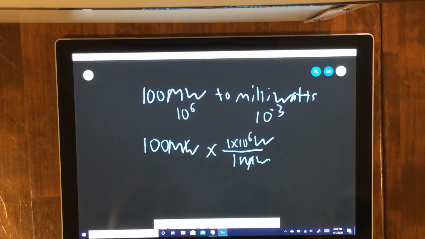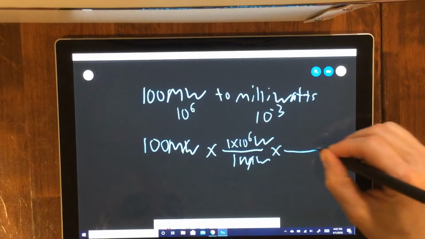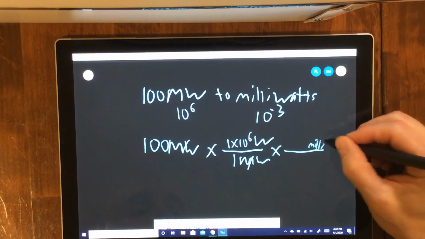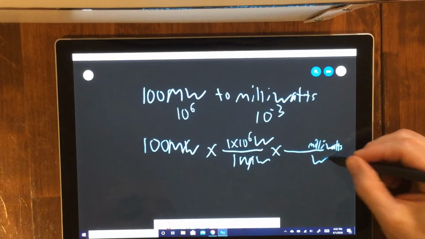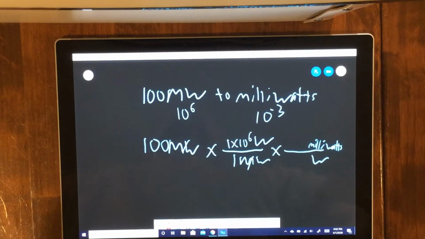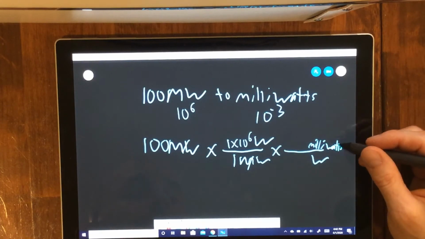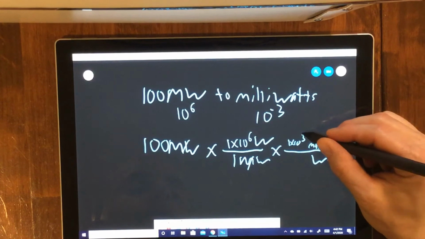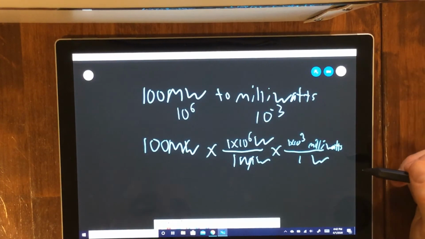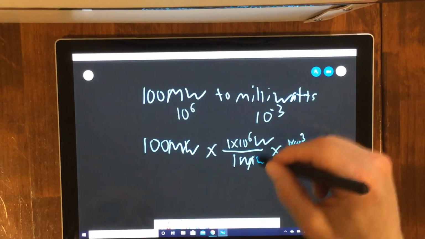Then I'm going to convert from watts to milliwatts, and watts will be on the bottom. Now I need to understand that there's 1 times 10 to the 3rd milliwatts in 1 watt.